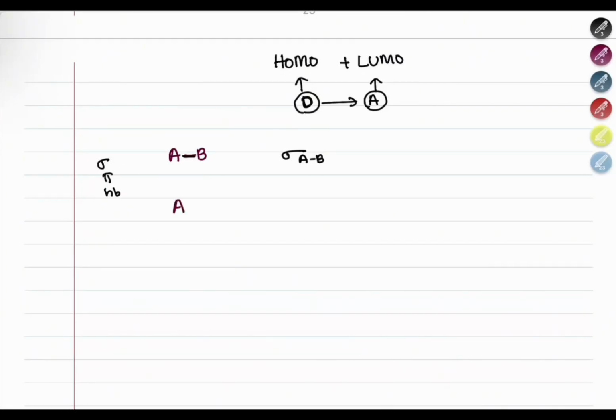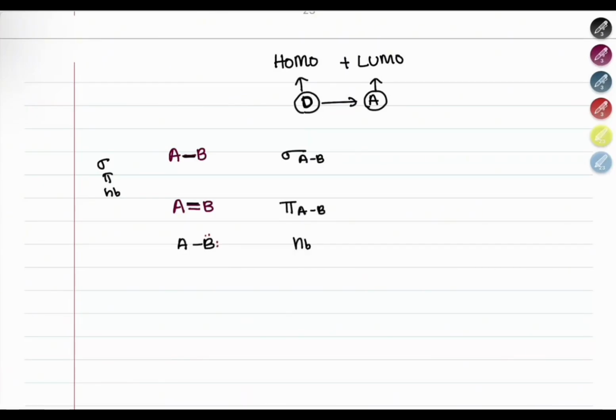In the second case, in the donor, A double bond B is present. In this case, the pi electrons are participating in the reaction. In that case, the HOMO will be pi AB because now the pi electrons between A and B are taking part in the reaction. Suppose there is an AB bond and there is a non-bonding electron pair on B, and these non-bonding electrons are taking part in the reaction.